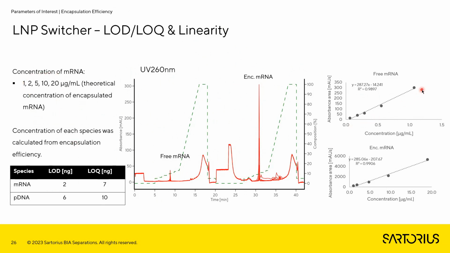We checked the linearity for free and for encapsulated mRNA, and we can see that the response for both species is quite linear. We also checked the LOD and LOQ of this method, and we can see that both parameters are around 10 nanograms of nucleic acids.